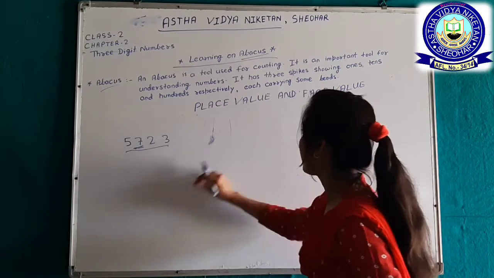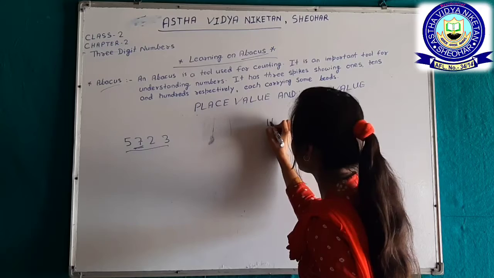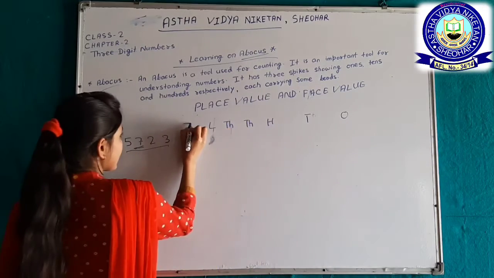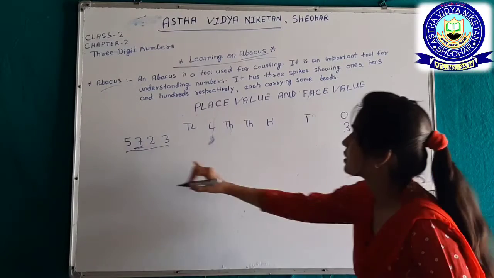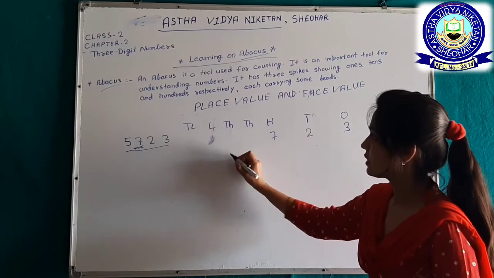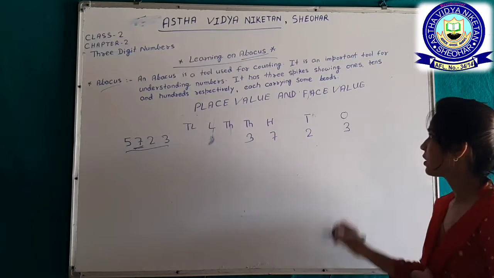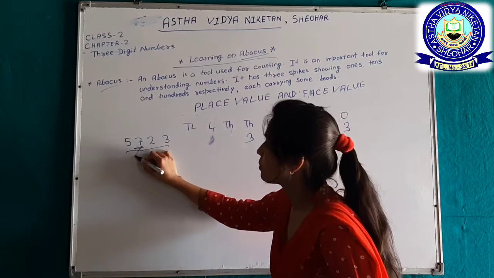Let's draw a table for place value: ones, tens, 100, 1000, 10,000, lakh, 10 lakh. Here is 3 for ones, 2 for tens, 7 for 100, and 3 for 1000. And you have to find out the place value of this 7.